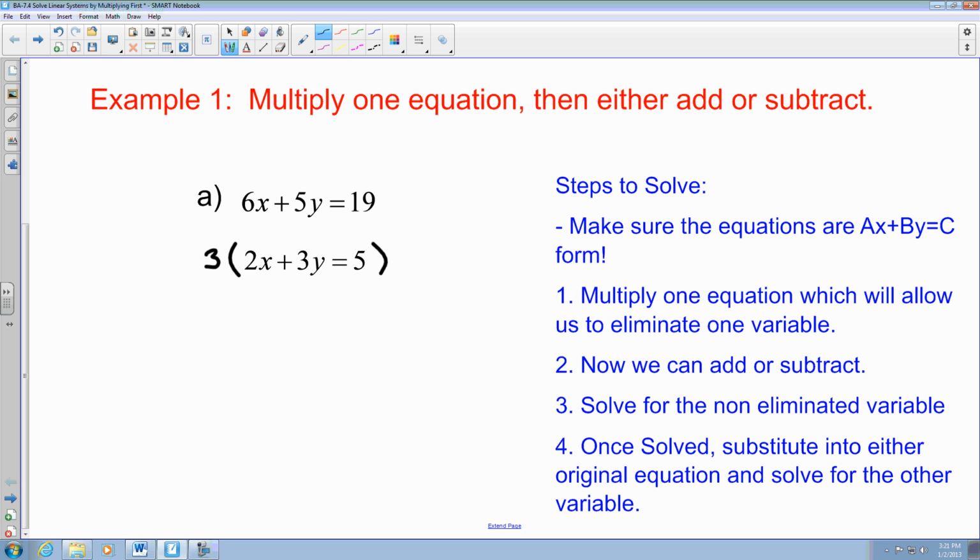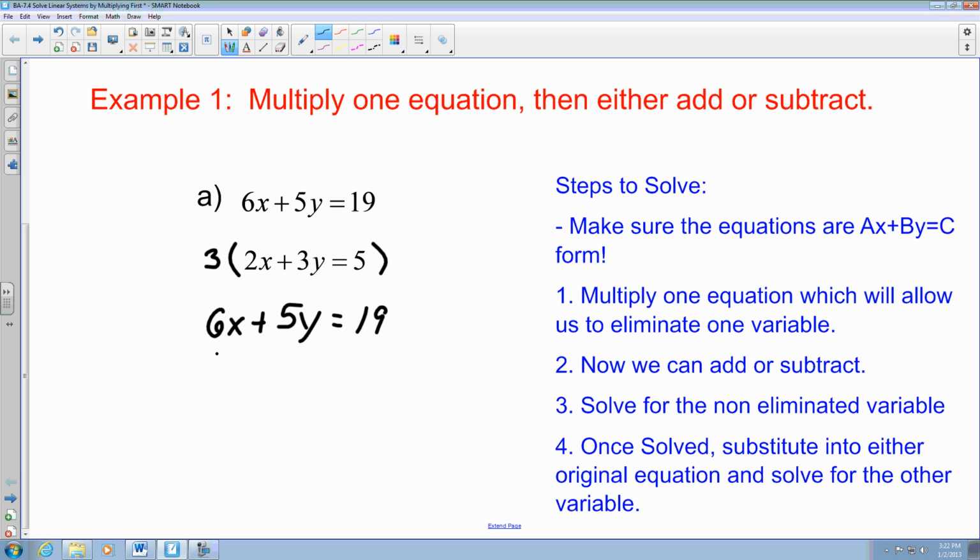So step 1 is to multiply one equation, which allows us to eliminate one variable. So I'm going to rewrite the top: 6x plus 5y equals 19. Now I'm going to distribute that 3 throughout the entire equation.